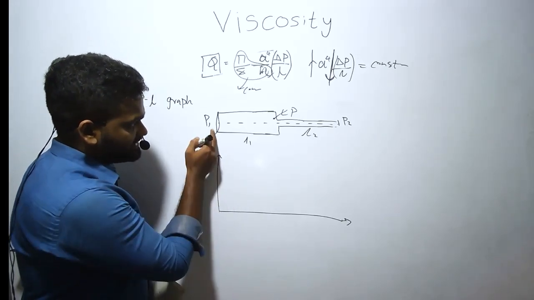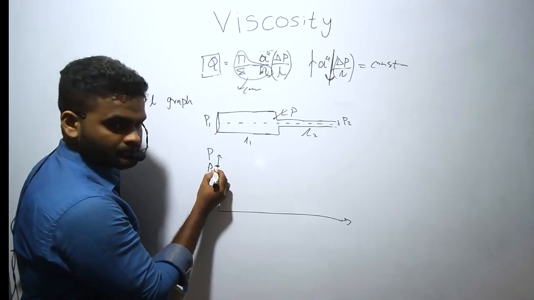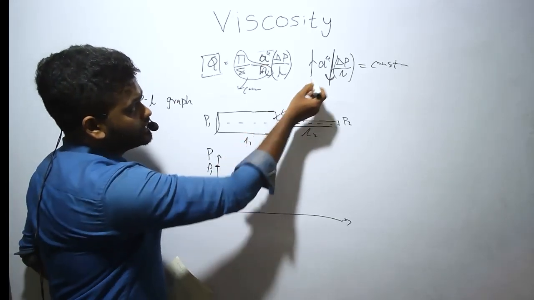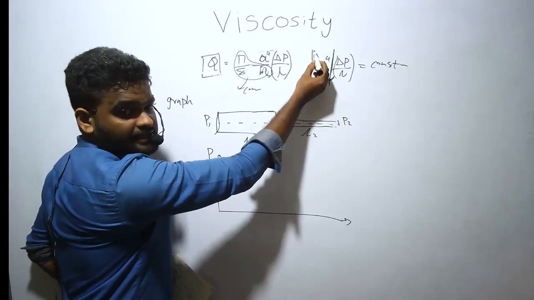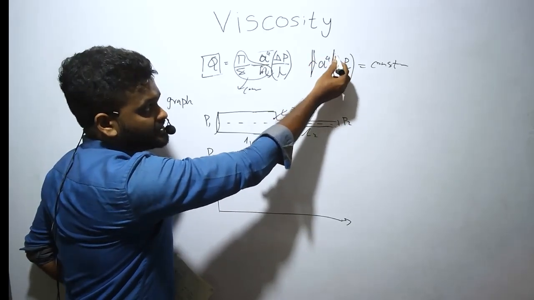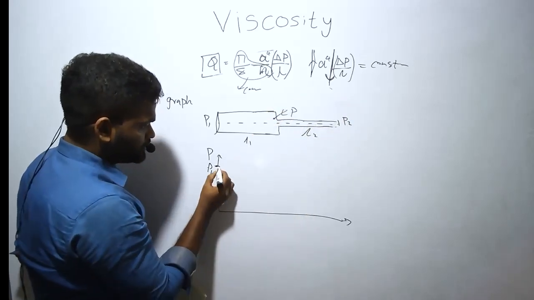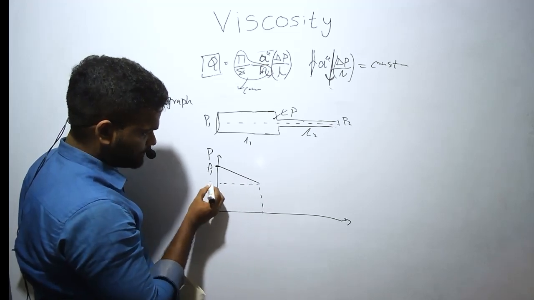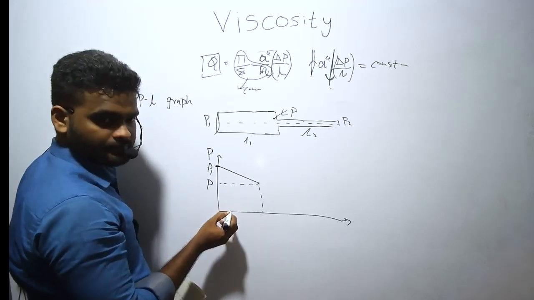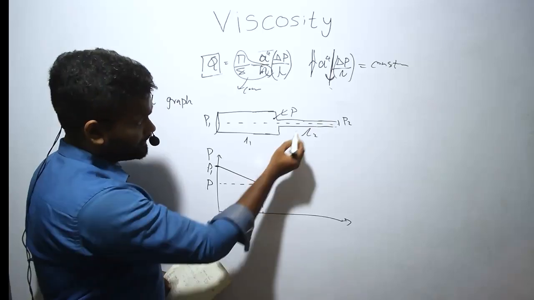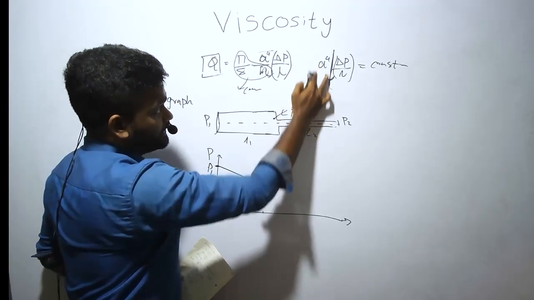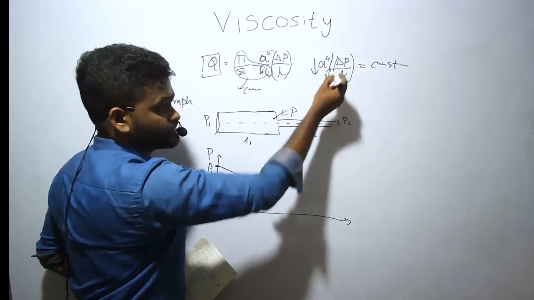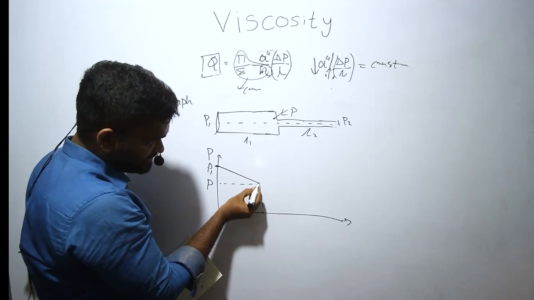Okay. So at this end, pressure is P1. So we understood, since A is larger here, pressure gradient is smaller here. So we have a less gradient like this. And the pressure at this point is P. Okay? Then after that what happens? Radius is small, so the pressure gradient should be large. Meaning gradient is larger.